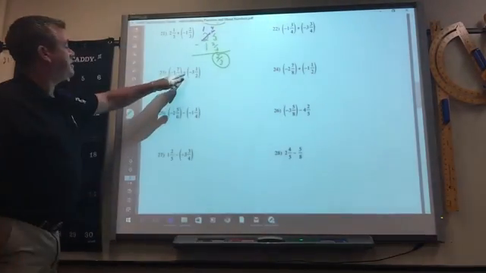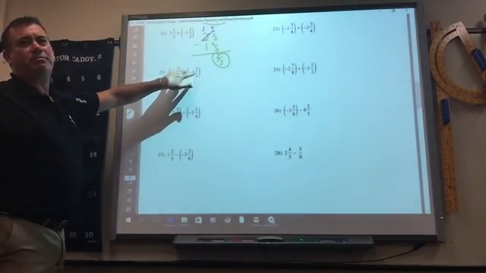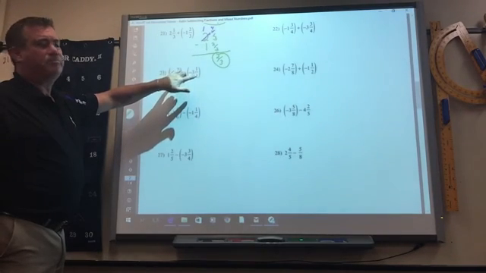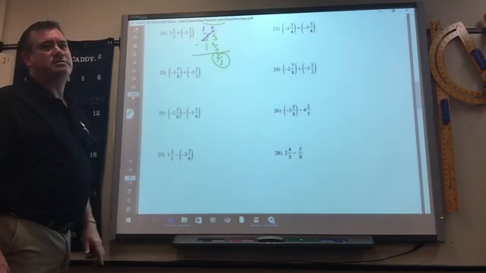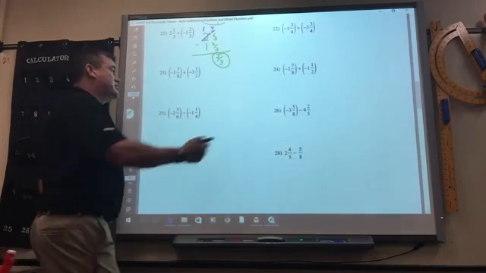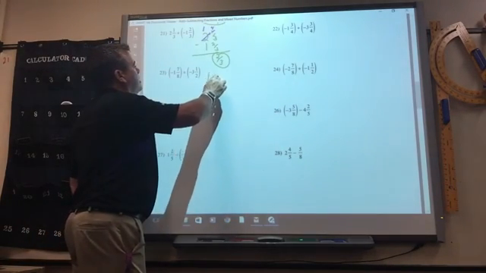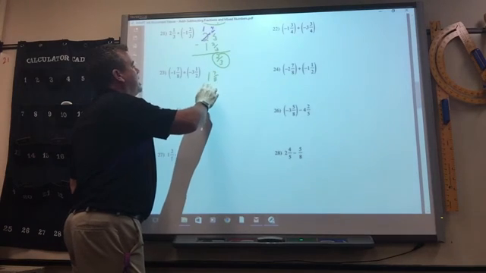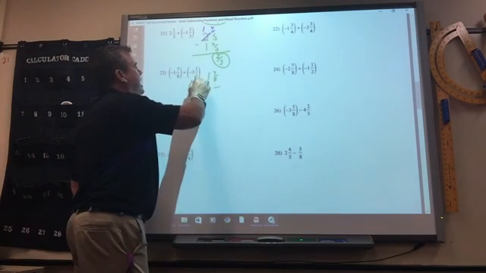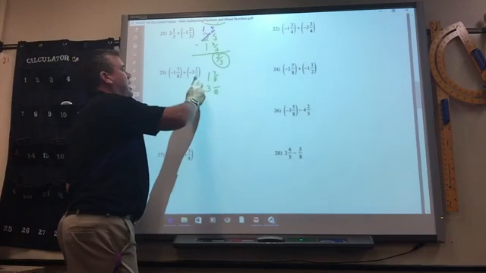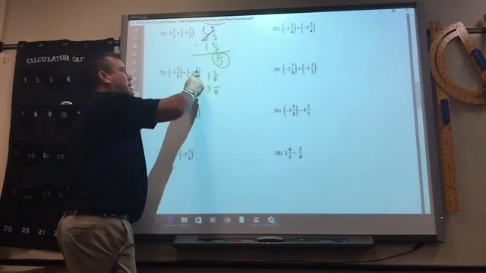Okay, add problem, both of them are negative, so when the signs are the same, you add them up, but we need a common denominator, 8. 16 would work, so I have to take 1 and 7/8 plus 3, and I have to change that to an 8. I have to take it times 4 to make it 8, so take that times 4.